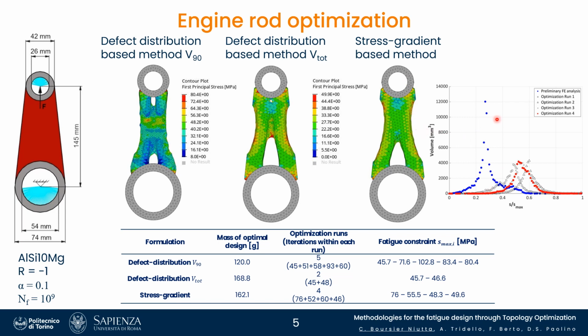Here on the right is also reported the loaded volumes distribution within the different optimization runs that we performed. We start from the blue distribution and we end with the red one, passing through the gray ones.